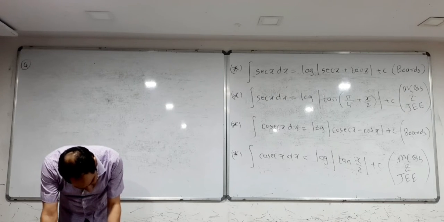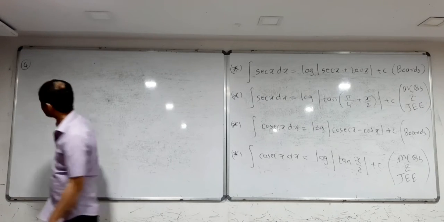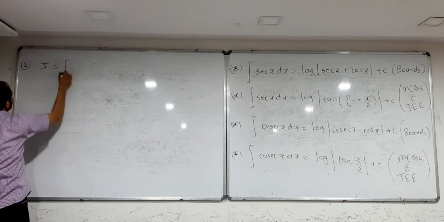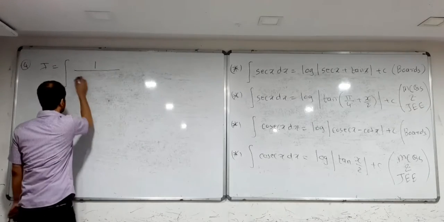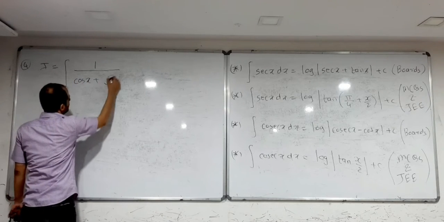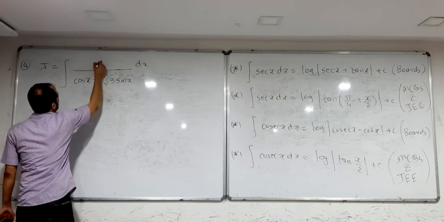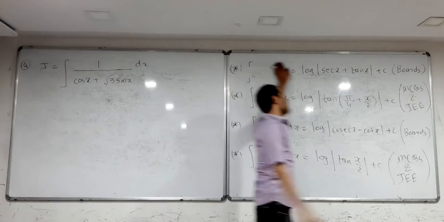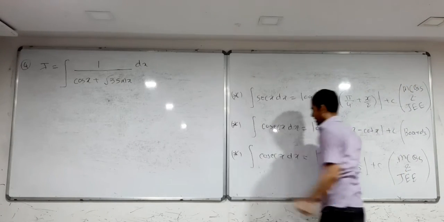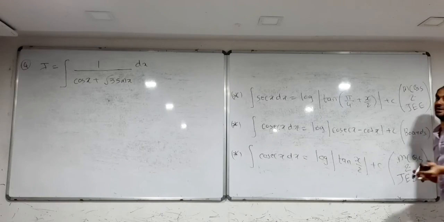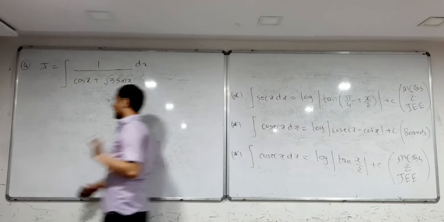So I is equal to integration of 1 upon cos x plus root 3 sin x dx. Okay, this will be the question, and in the options the answer will not be in the form of log of mod of sec x plus tan x, nor in the form of log of mod of cosec x minus cot x. And this question would have been asked in Mains. So how do you have to solve it?